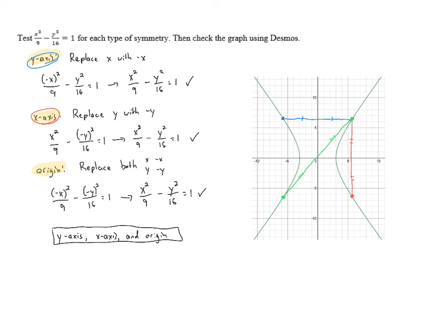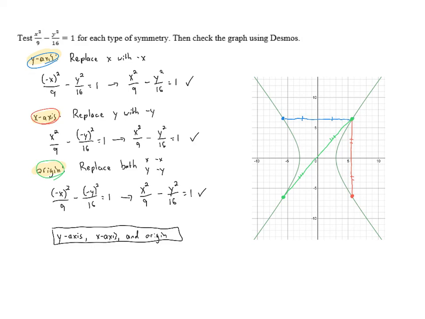And so we do have symmetry also with respect to the origin. So we can see even visually here that this graph is symmetric with respect to the y-axis, the x-axis, and the origin. There's a whole lot of symmetry going on here.